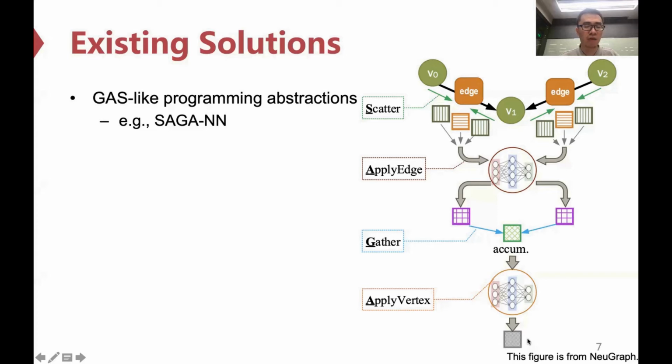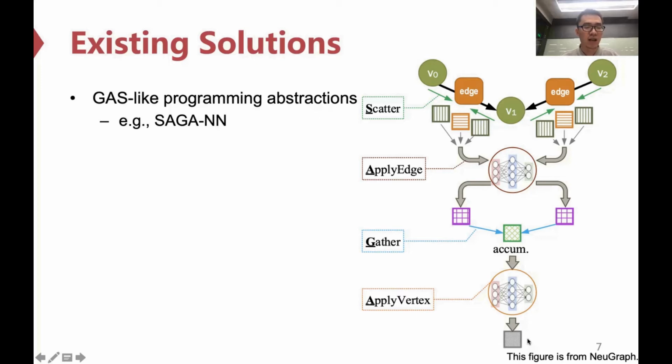To compute the neighborhood features, each vertex first scatters its feature along its outgoing edges to produce a feature for each edge. It then applies NN operations to generate new edge features. At last, each vertex gathers features of its incoming edges and combines them as its neighborhood feature.